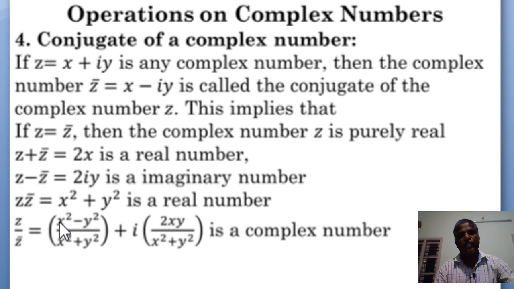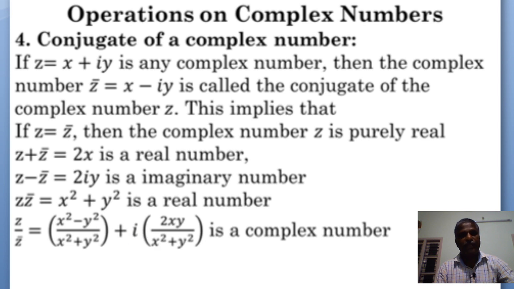On multiplication we get x square minus y square plus 2i xy. On splitting we get x square minus y square by x square plus y square plus i into 2xy by x square plus y square, which is again a complex number.